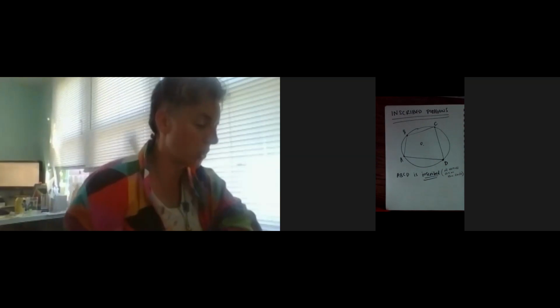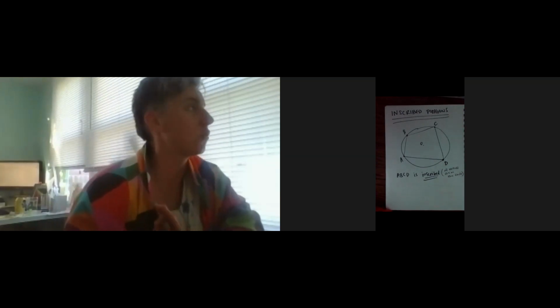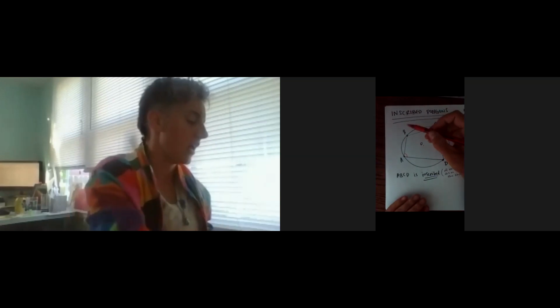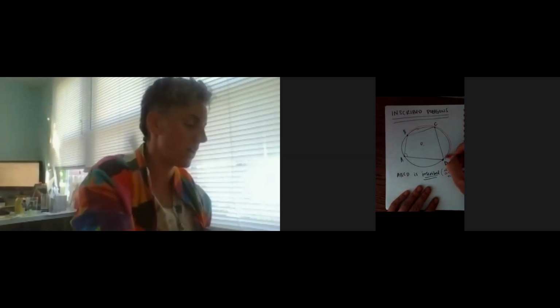Cool, cool, cool beans. All right. So remember when we talked about inscribed angles, for example, angle ABD is an inscribed angle because all of its points are on the outside of the circle. And we knew that ABD was half of the arc that it subtended, right?